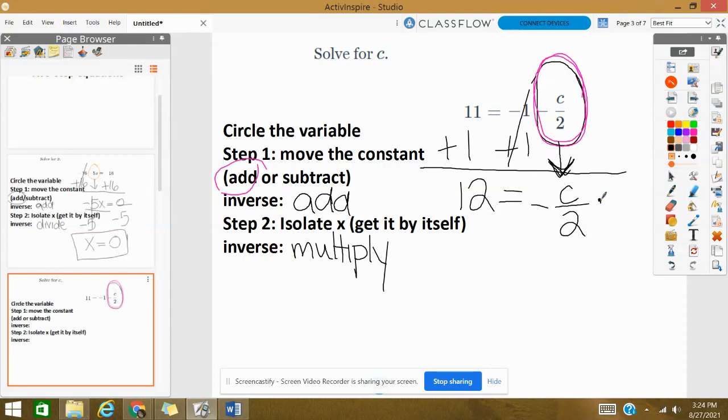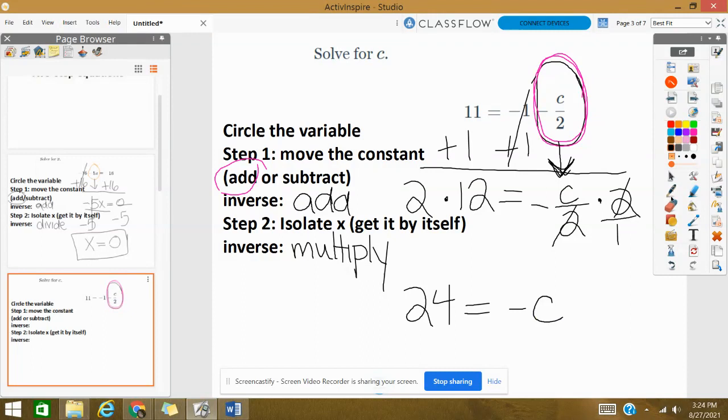So I'm going to multiply both sides by 2. On this left-hand side, I'm going to go ahead and simplify. So 2 times 12 is going to give me 24. And then on the right-hand side, the 2's, top and bottom, will cancel. And so I'm left with 24 is equal to a negative c.